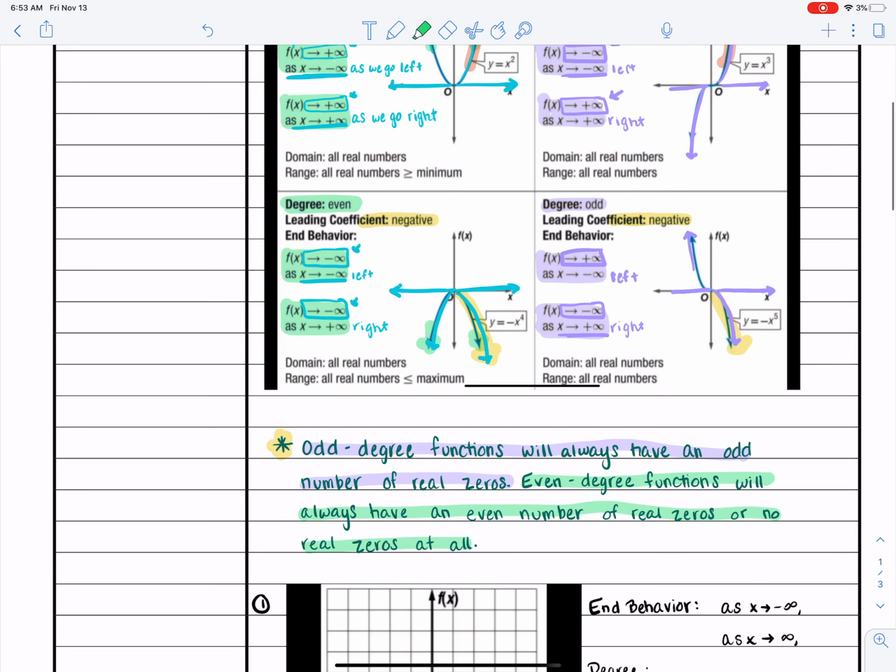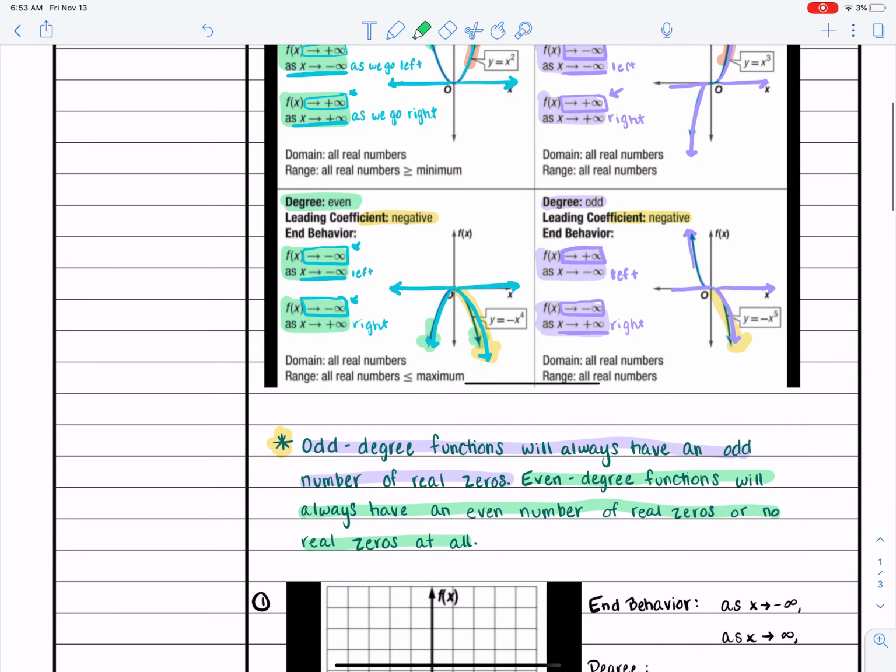It is possible that you touch the x-axis twice at the same spot, like x is 4 and x is 4. Then you have what's called a zero with multiplicity 2. So it touches that zero, it just touches it twice. That's some extra information.